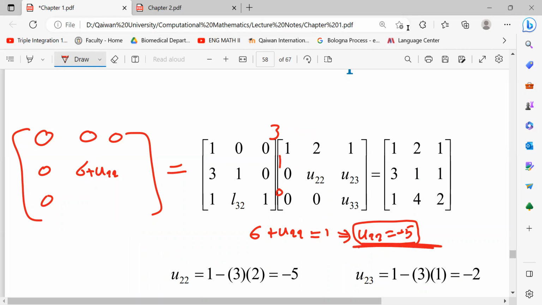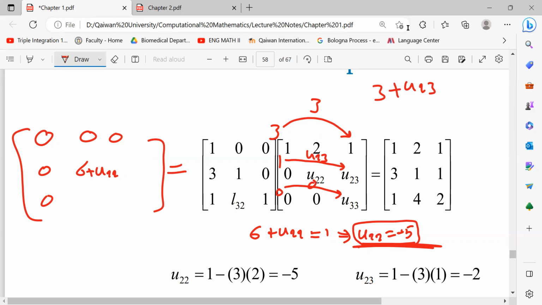Then multiplying the second row by the third column, 3 times 1, plus 1 times U23, plus 0 times U33. What we get is 3 plus U23.